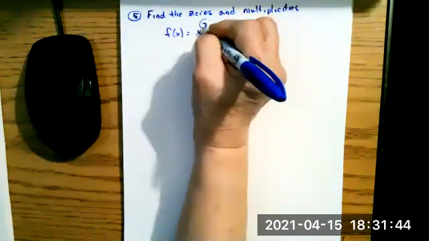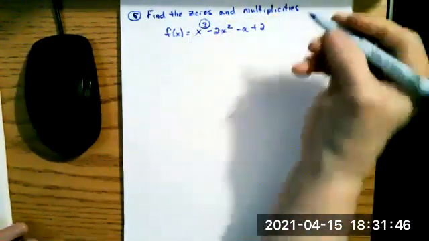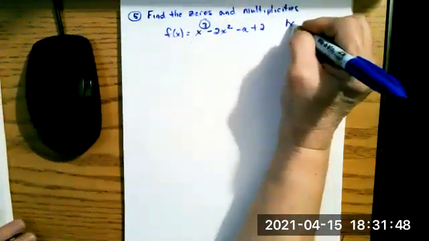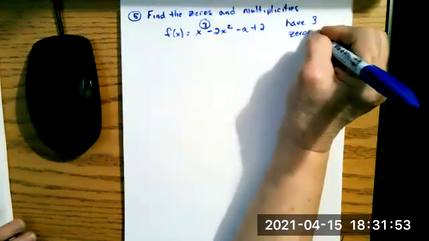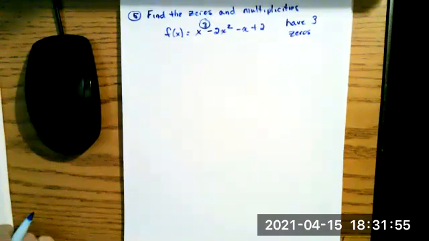So this one right here, that leading exponent tells me it's going to have 3 zeros. Or it could have 1 zero of multiplicity 2 and 1 of multiplicity 1. But it's going to have 3 when I get through with it.